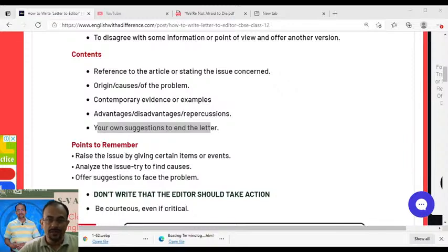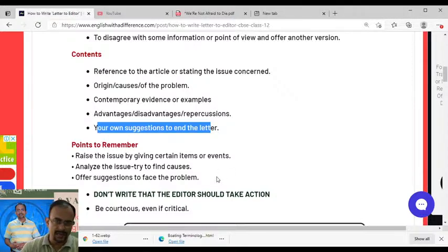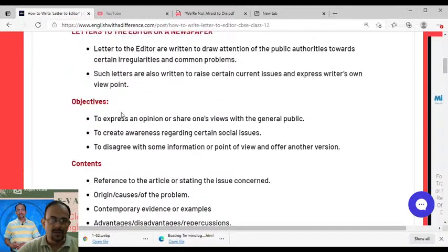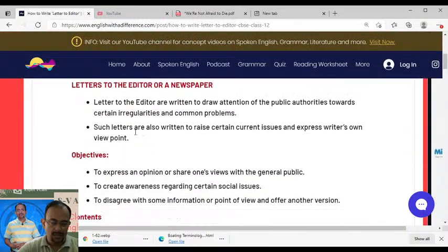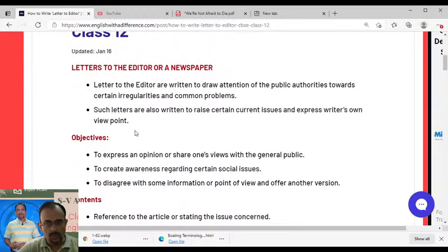So our suggestion is also very important, so we need to give our own suggestions as well, because this is how the letter, any kind of letter should end, except for some very specific business or official letters. Our suggestions are important actually. We need to give our own suggestions to end the letter. So this is the format of, I mean, the content part of the letters to editor.